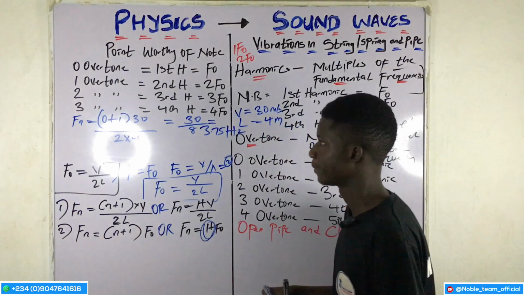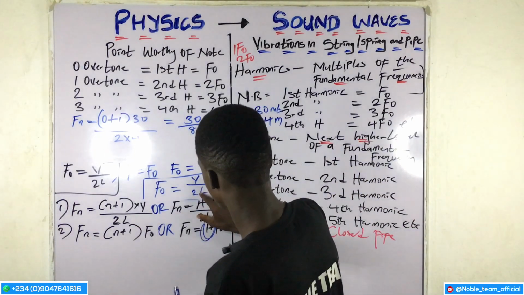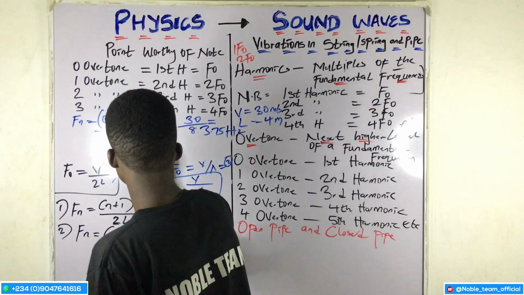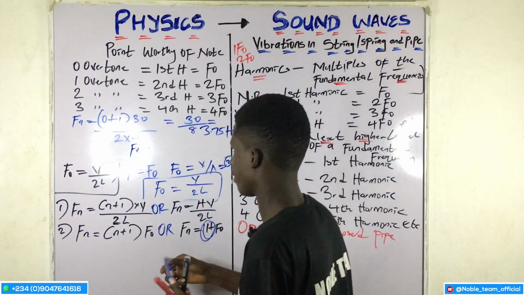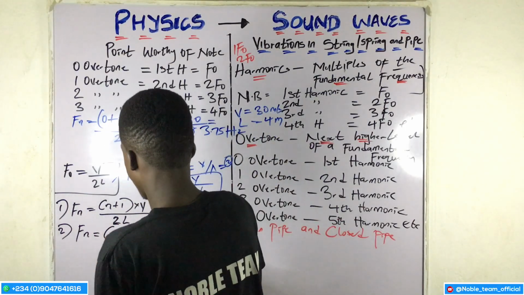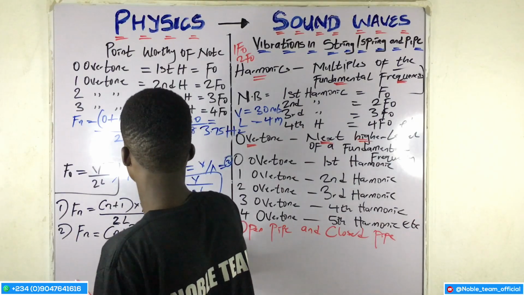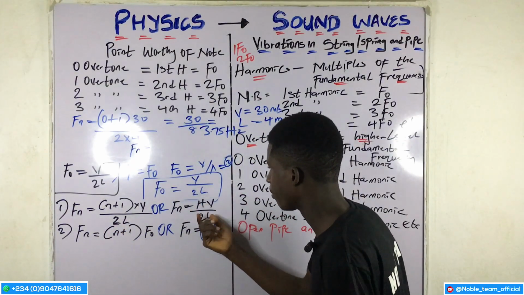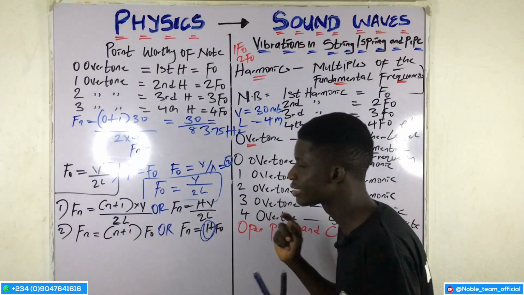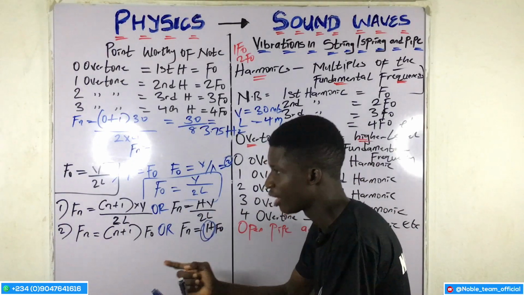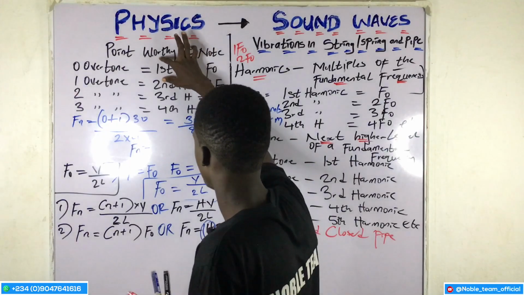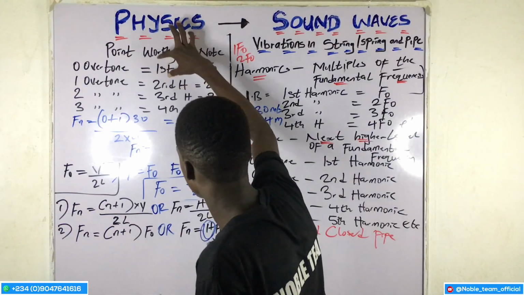Okay, good. Now using this formula to support this, I can equally say that Fn is equal to, let me use red this time around, my H is the harmonic number. Now look here, they said 0 over 2. Now 0 over 2 in its harmonic is 1.